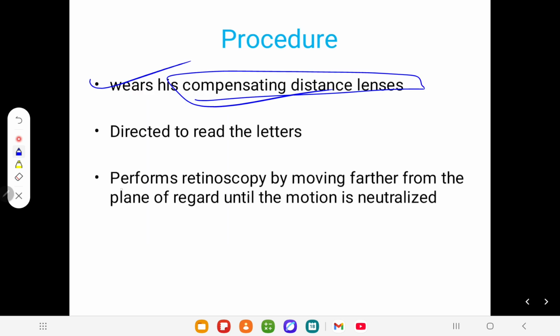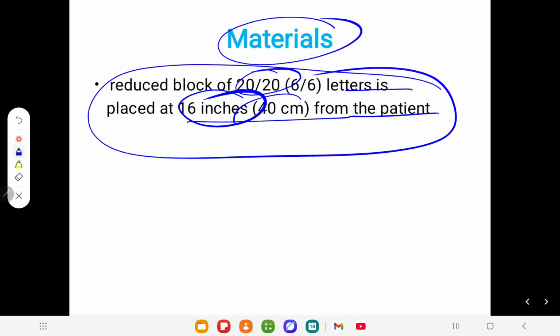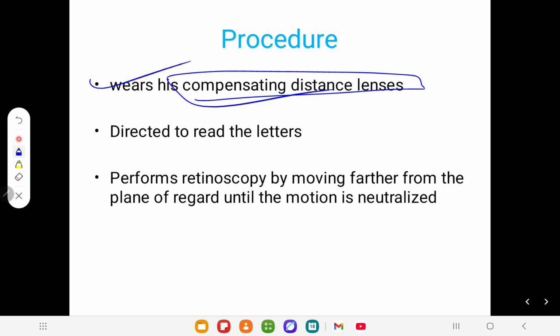The patient is taking these 20/20 letters at 40 centimeters, and we perform retinoscopy by moving farther from the plane of regard until neutralization.